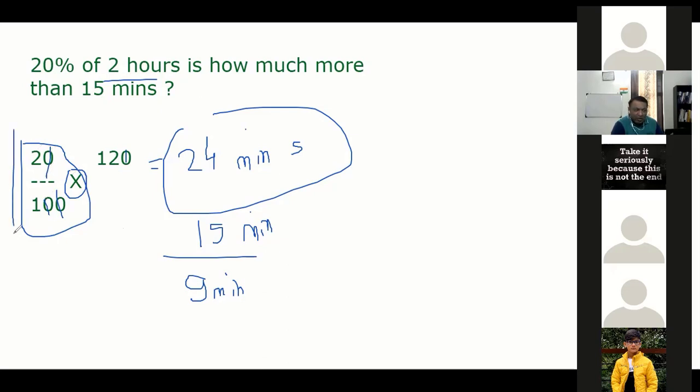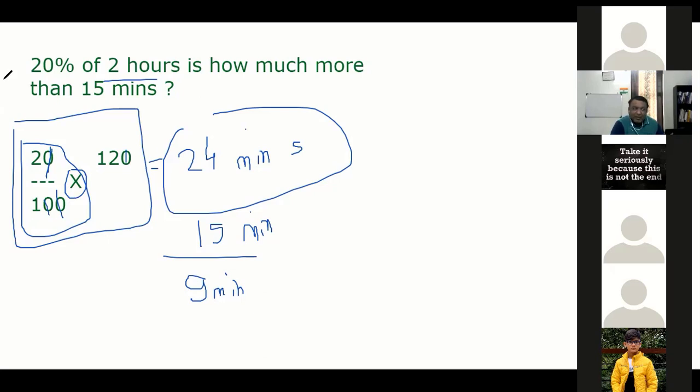This is okay till now. You always cancel numerator with denominator. How did you get this 100? When you get 80% marks, it means 80 out of 100, 80 by 100, right?